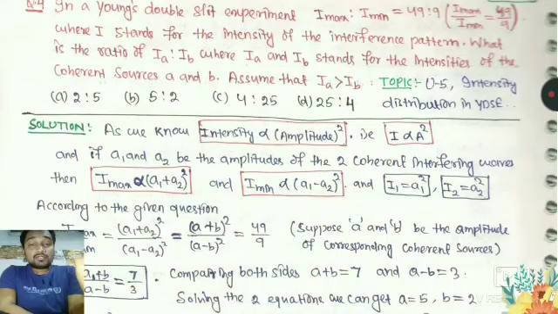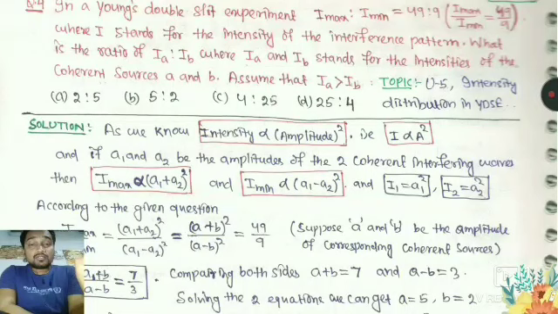Given here that Ia is greater than Ib, you can be clever so that you are required to calculate only one value, that is 25. If we get 25, then out of the four options, only option D has 25, that is Ia is greater than Ib. You need not calculate the other intensity value.